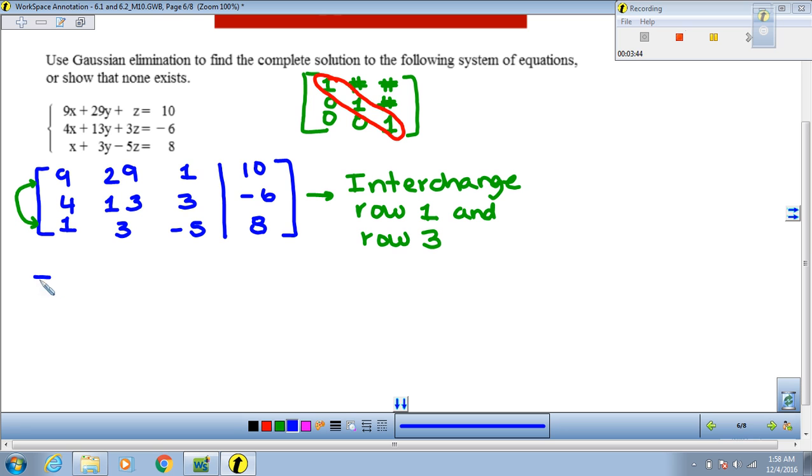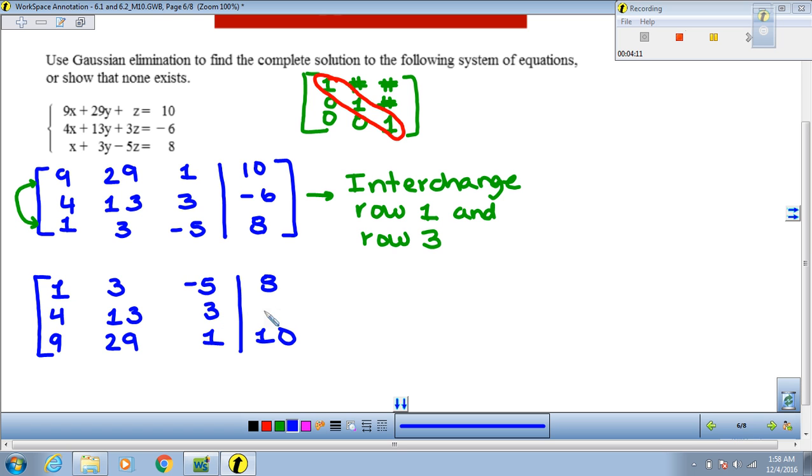So in the next step, I'm going to put 1, 3, negative 5, 8. So you see how all the numbers in row 3 went to row 1. So all the ones that were in row 1 are going to go to row 3: 9, 29, 1, and 10. And the one in the middle, row 2, is not changing right now at all. That one we're just going to keep where it is.